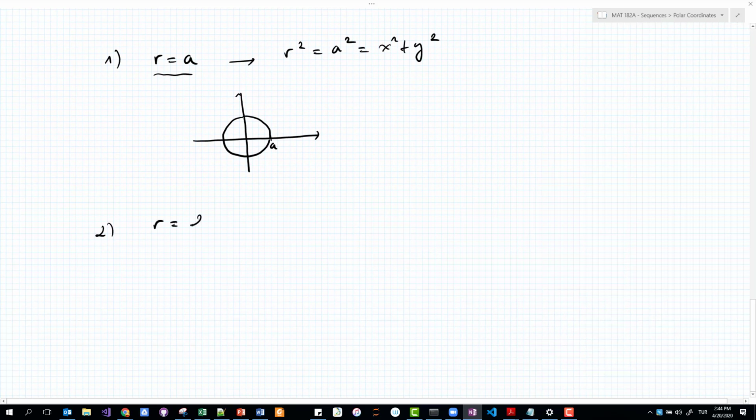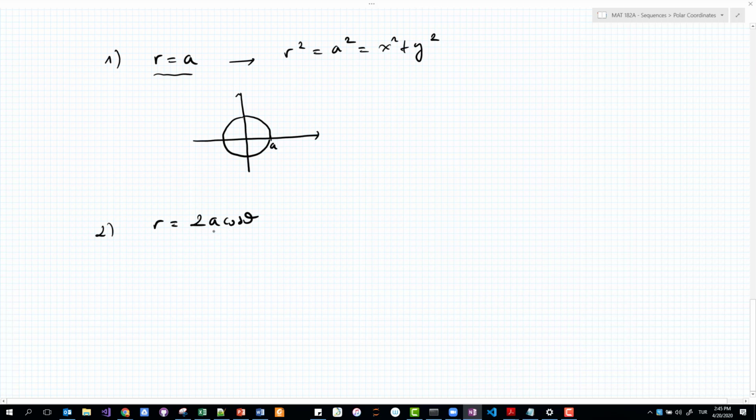So r is equal to a cosine theta. I can use the conversion formulas we learned to get this type of equation to show if this is really a circle. So I'm going to skip that part, but from now on we need to know this is going to be the second circle shape in polar coordinates.